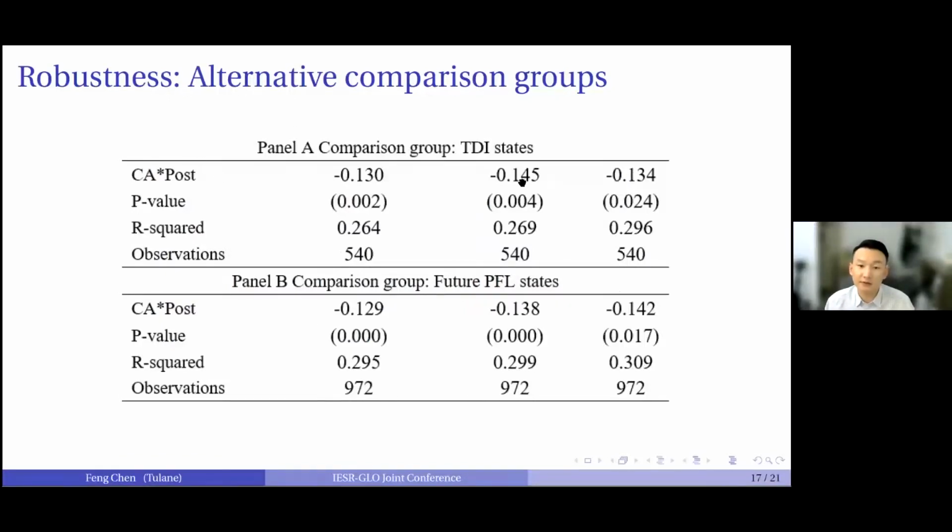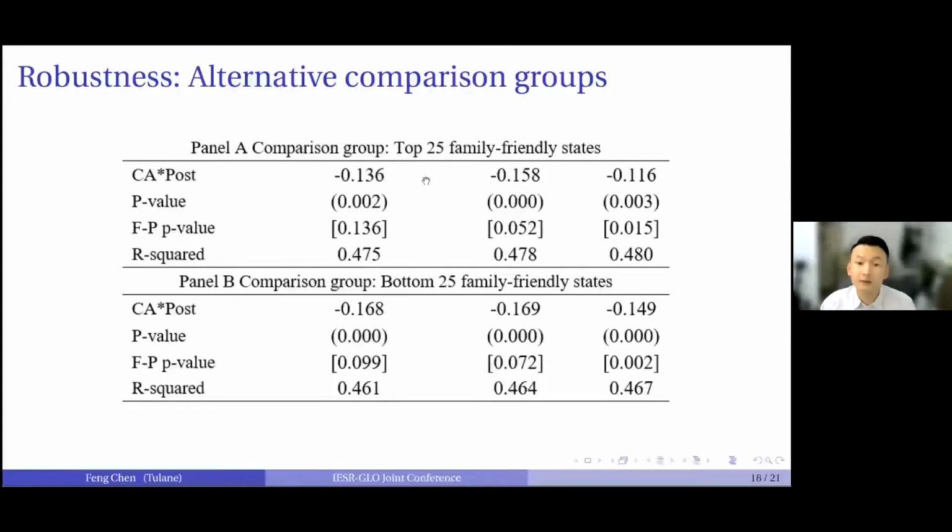Panel A just uses the other four TDI states. We can see the results are very similar to our main results, and also similar for the future PFL states. And for the top 25 and the bottom 25 family-friendly states, all those results are similar to the main results, and I don't see significant differences between these specifications.